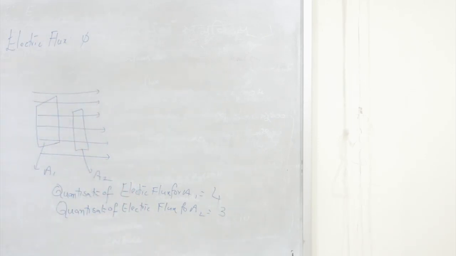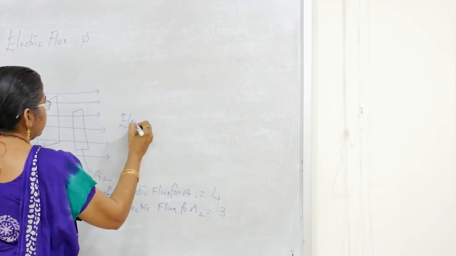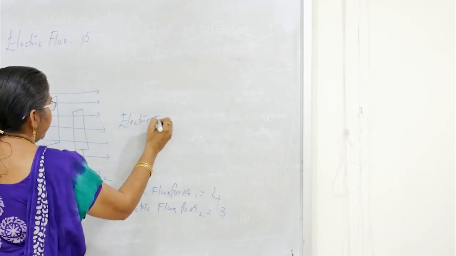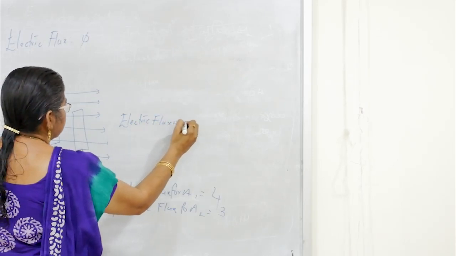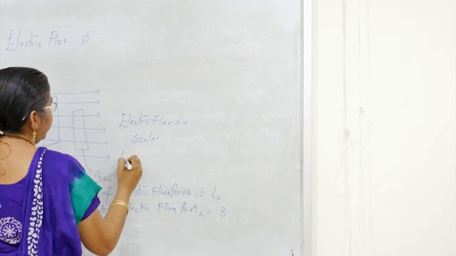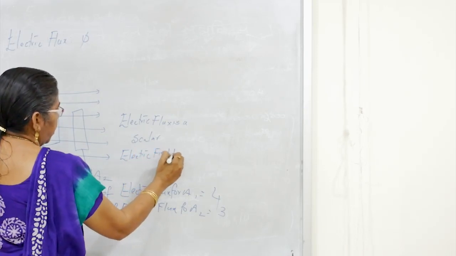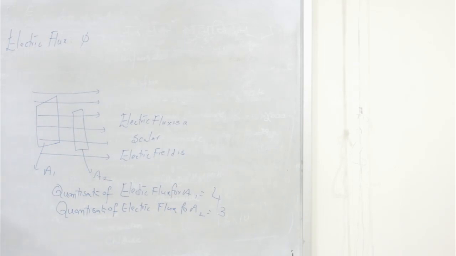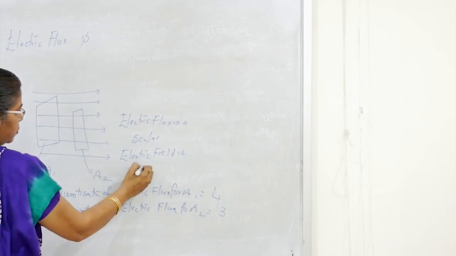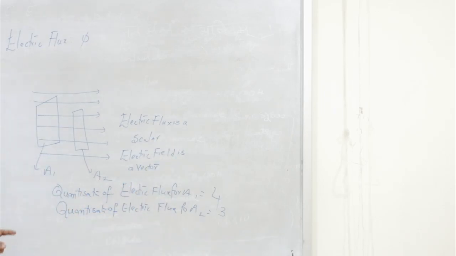So this is known as quantization of electric flux for these particular areas. Electric flux is a scalar, and electric field is a vector. So electric flux and electric field are both linked together.